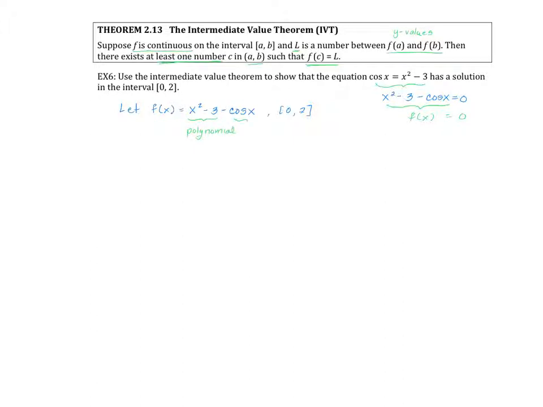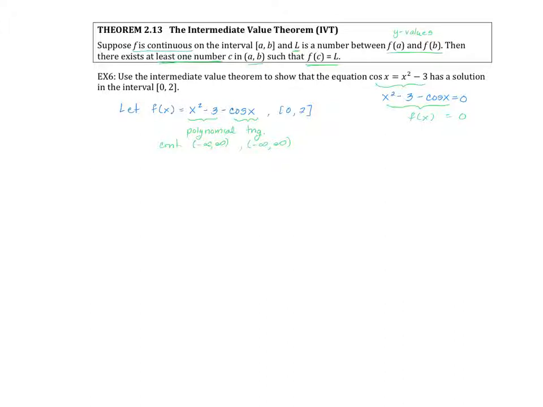And cosine of x, that's a trig function. Polynomial is continuous from negative to positive infinity, so all real numbers. And so is cosine. It's continuous from negative infinity to positive infinity.